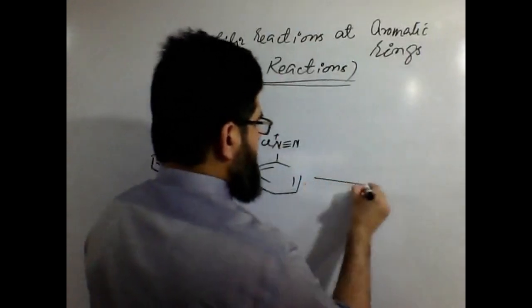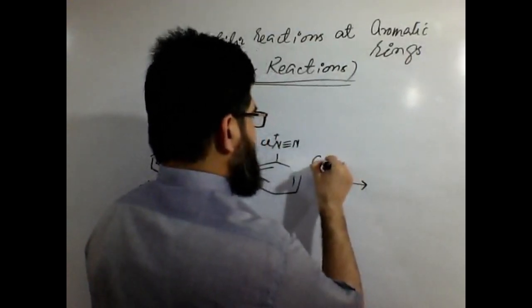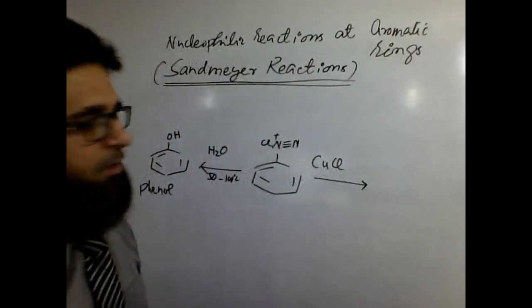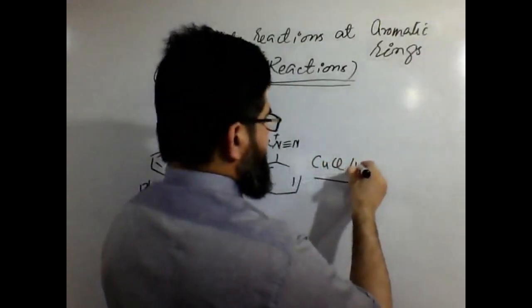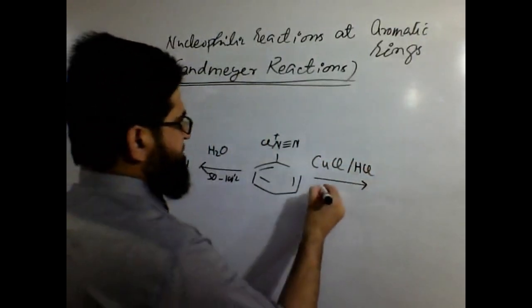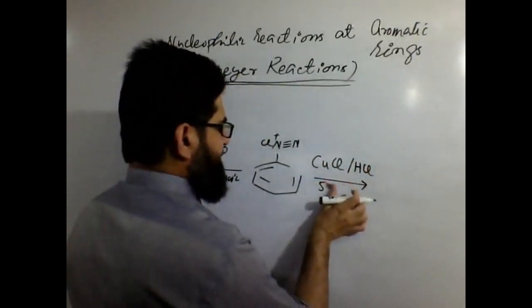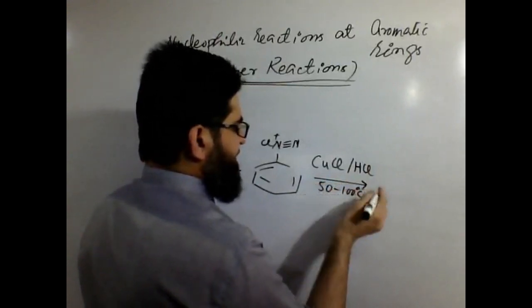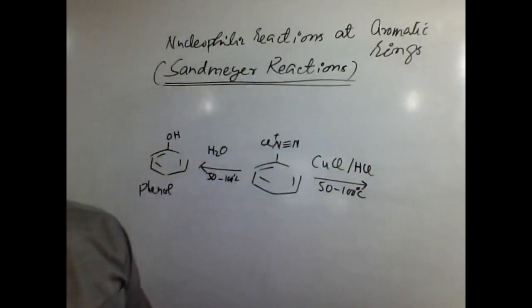Or if you put in, let's say, cuprous chloride in the presence of HCl, the temperature is again a bit higher, I think 50 to 60 degrees. Sometimes you need to raise it a bit higher. We can write it as 50 to 100 degrees.